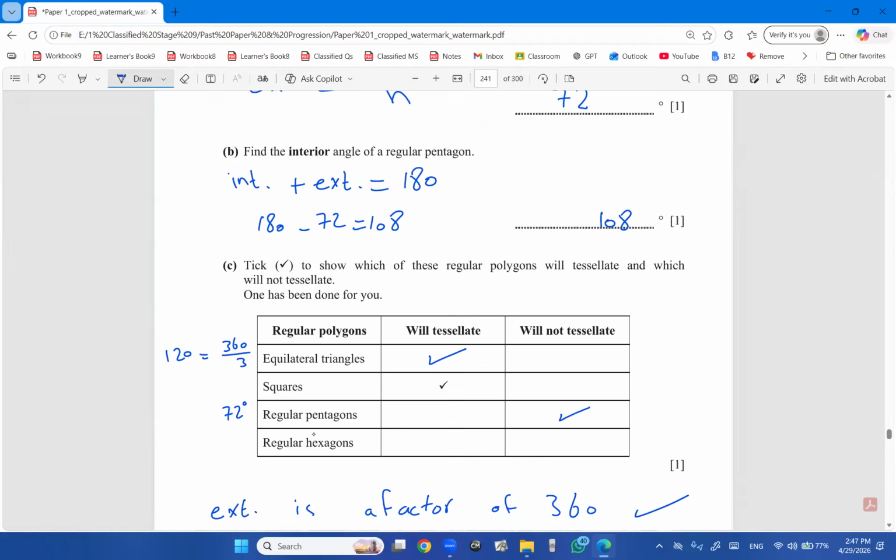Regular hexagons, one exterior angle is 360 divided by 6, which will be equal to 60 degrees. This is the exterior angle of a regular hexagon. So you're going to find that it tessellates because the exterior is a factor of 360.